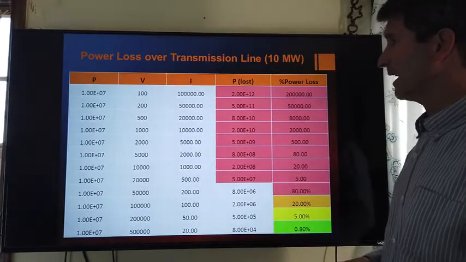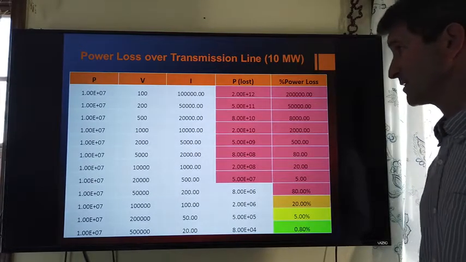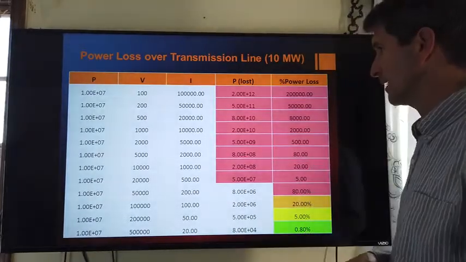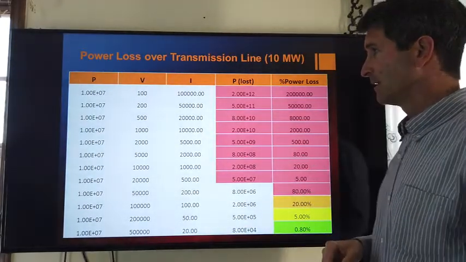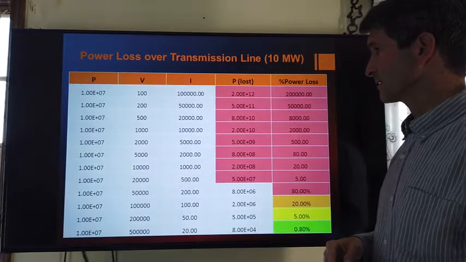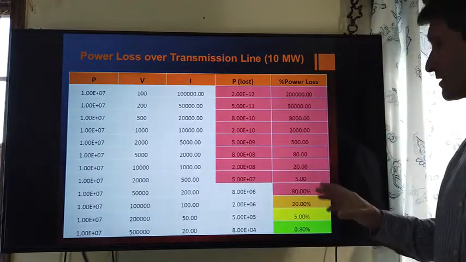I'm trying to think of how I set the resistance here. I think I set the resistance to say that the power lines have 2 ohms of resistance. Can't remember exactly what I set it at, but I think that's pretty close. In any case, maybe 20 ohms of resistance. Let's go with that.